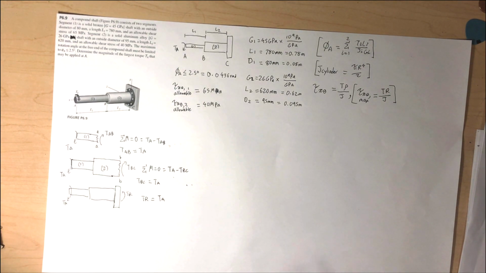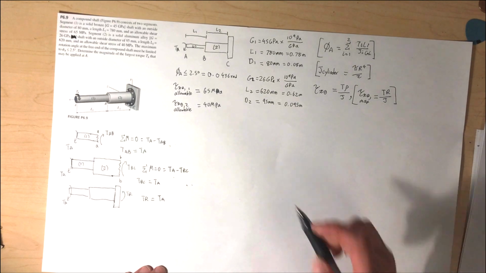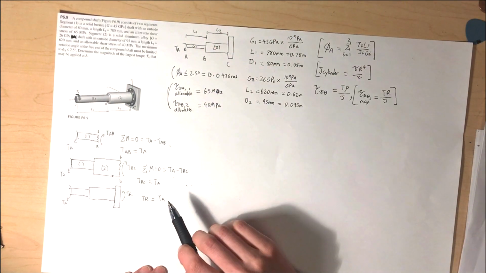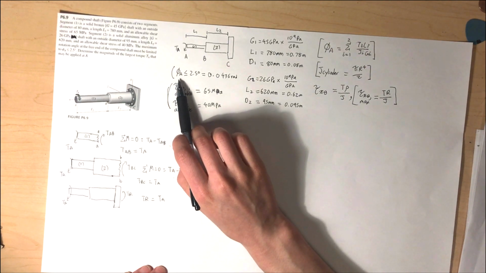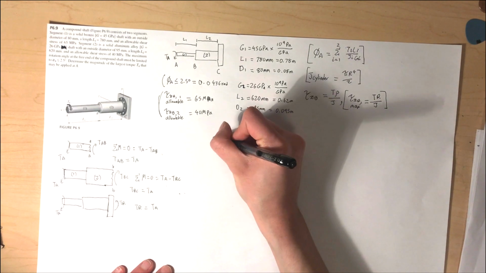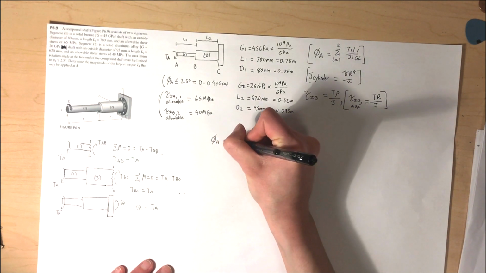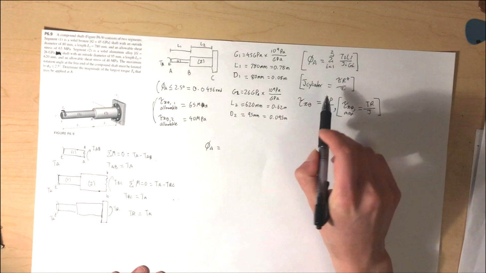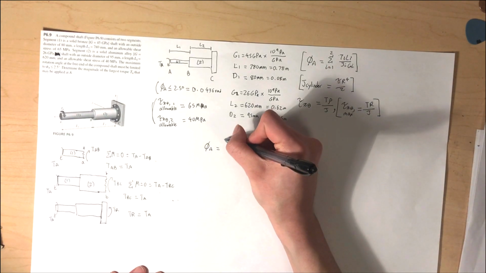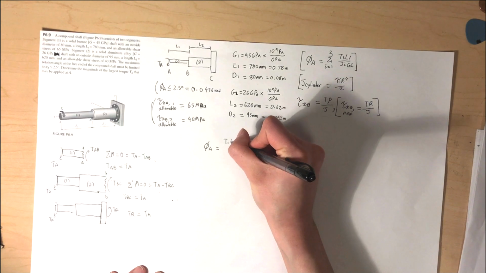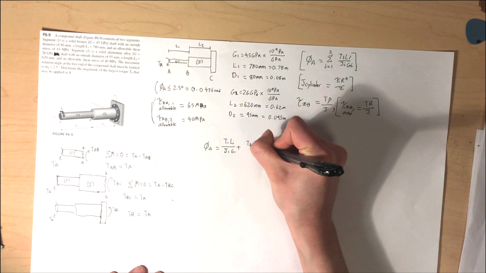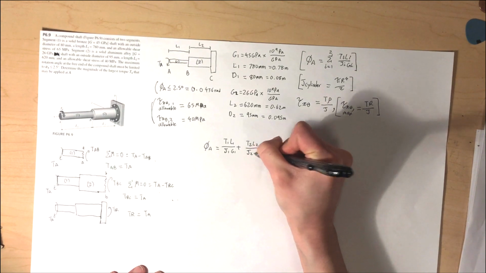Okay, now that we have our internal forces, we want to figure out which of these conditions get met first. We can start with the overall rotation angle. We have phi A is equal to the sum of the rotation angles of each member, and therefore this is equal to T1 L1 over J1 G1 plus T2 L2 over J2 G2.